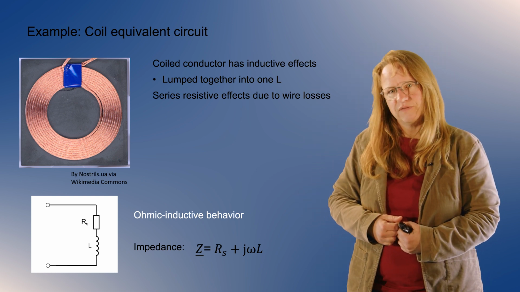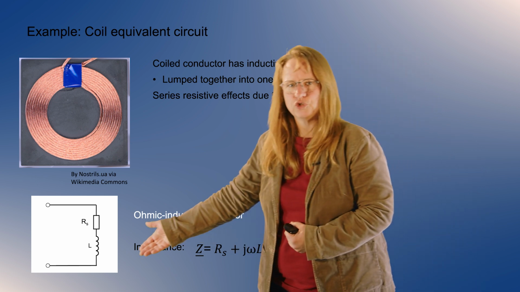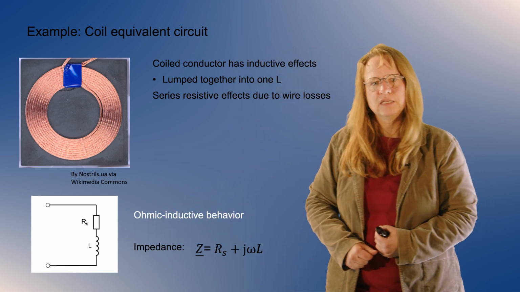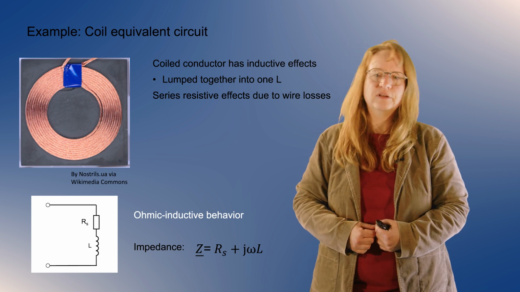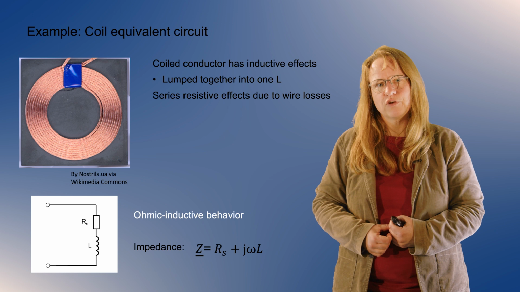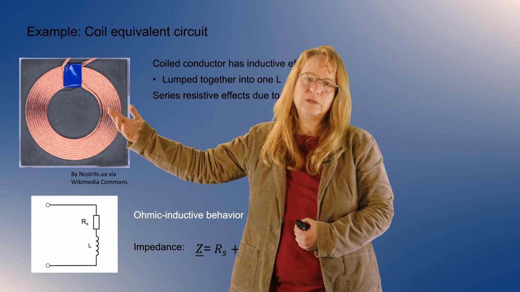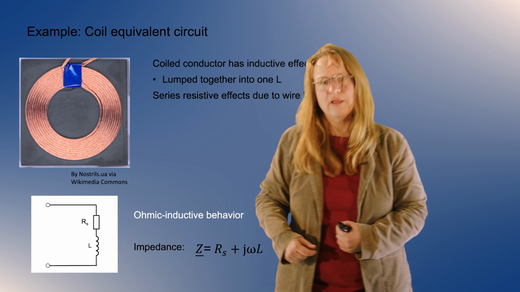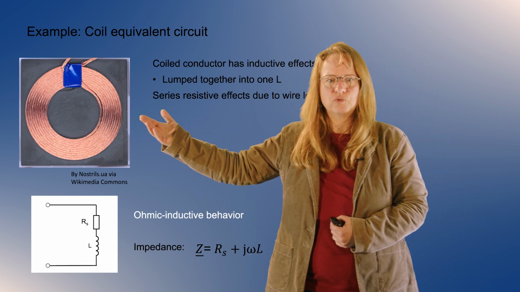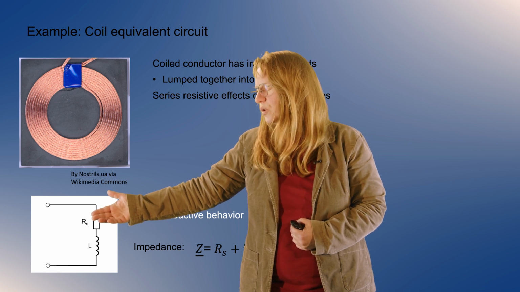So the inductive effects need to be put into the equivalent circuit, looking at this inductor. And in a simple model, we should also consider the resistive effects of the coil due to the wire itself, and how high the resistance is will depend on the length, the diameter and the material of the wire. So the resistive effects of this wire are put into this series resistor that is shown here.